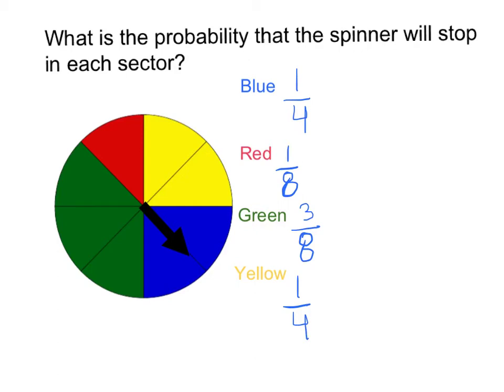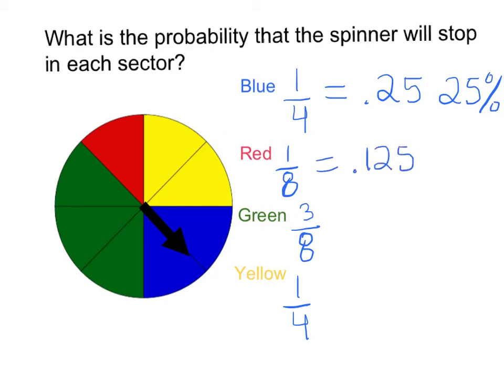Now, in decimals, 1/4 is 25 hundredths, and as a percentage it is 25%. 1/8 is 125 thousandths, or 12.5%, or 12 and 1/2 percent.